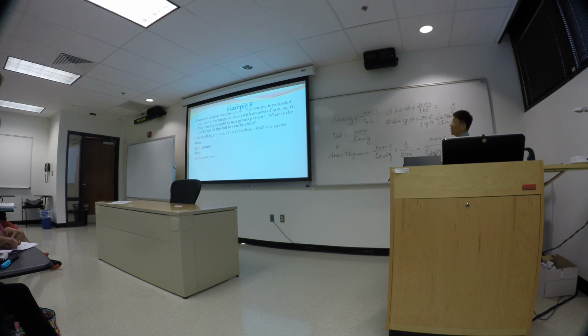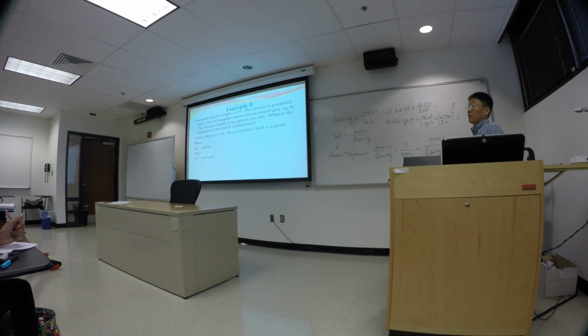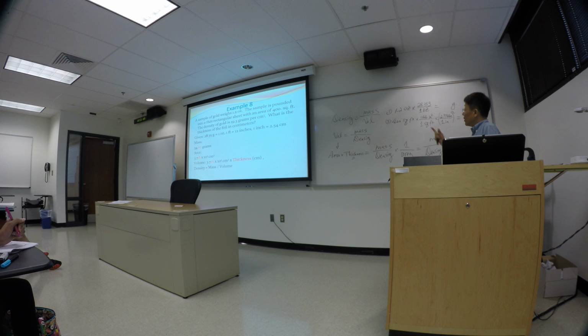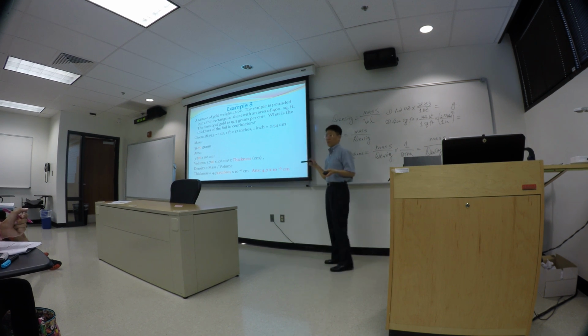So that will give you the answer 3.716 times 10 to the 5th centimeter squared. Now that you have the centimeter squared for the area, area times the thickness equals the volume. Volume equals mass divided by density. I'm doing a rearrangement there, and you can figure out the thickness. And finishing the calculation, the thickness is going to be 4.7 times 10 to the negative 6 centimeter. Multiple steps.